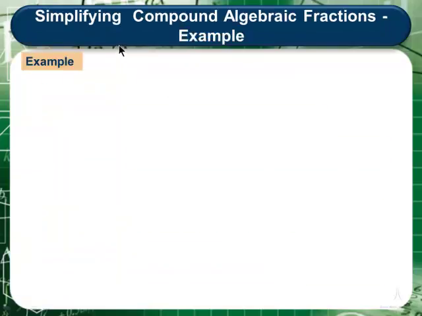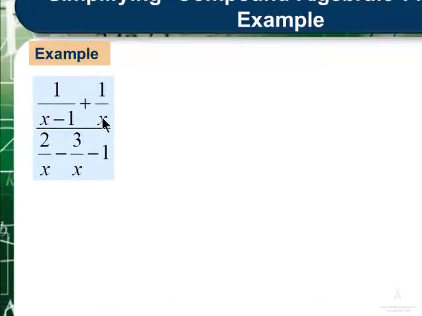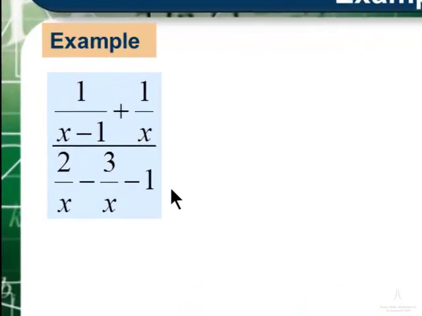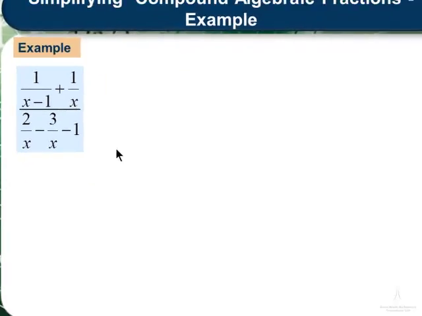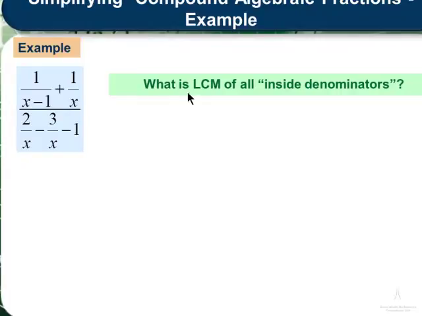In the second example of simplification of compound algebraic fractions, we have a similar situation. Can you see we have algebraic fractions above and below the line for this compound algebraic fraction that is given? In this case, the question is, what is the lowest common multiple of all the inside denominators?